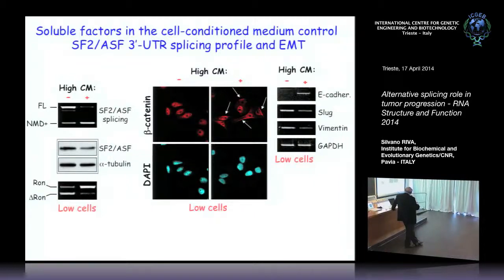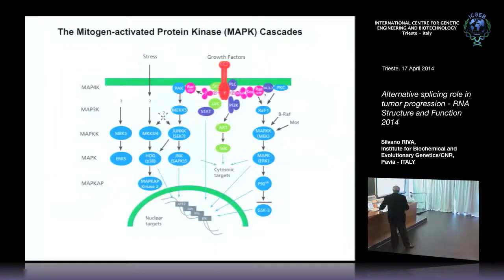I don't go through all this. But you can see that at high concentration, you have mostly full-length SF2. If you add conditioned medium, you almost switch completely to the degraded form of the RNA. So what is in the conditioned medium that causes the upregulation or downregulation of SF2?